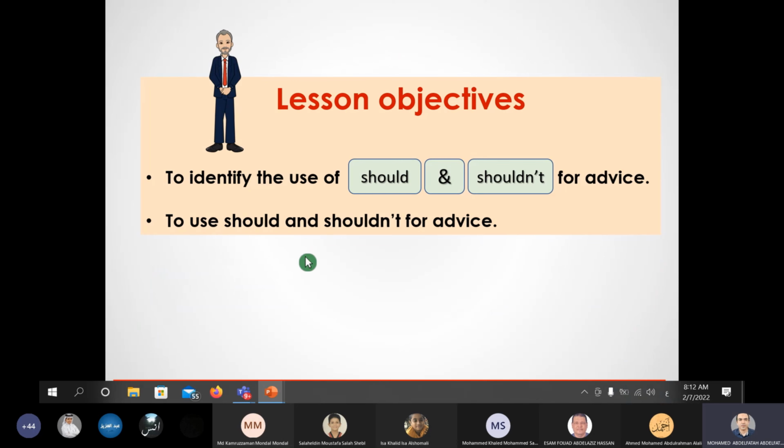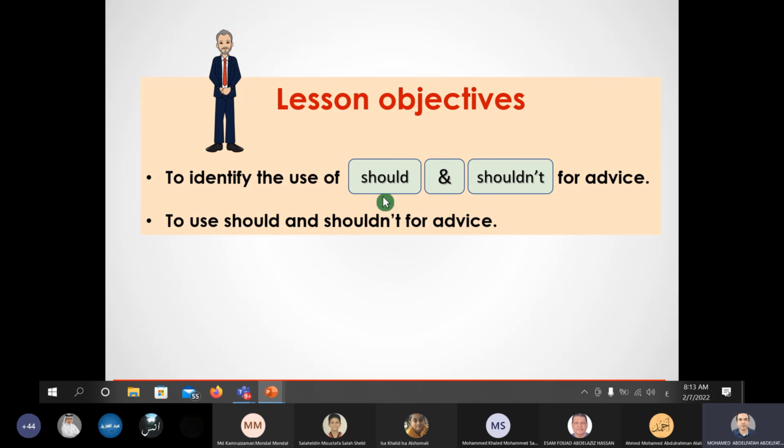And we have Ahmed. Are you still there, Ahmed? Yes, teacher. Today, inshallah, we are going to have 2 objectives. Okay, before you start, I'll read them at the beginning and then you will read. Today, my students, we will have 2 objectives. Objective number 1 is to identify or to learn the use of should and shouldn't.